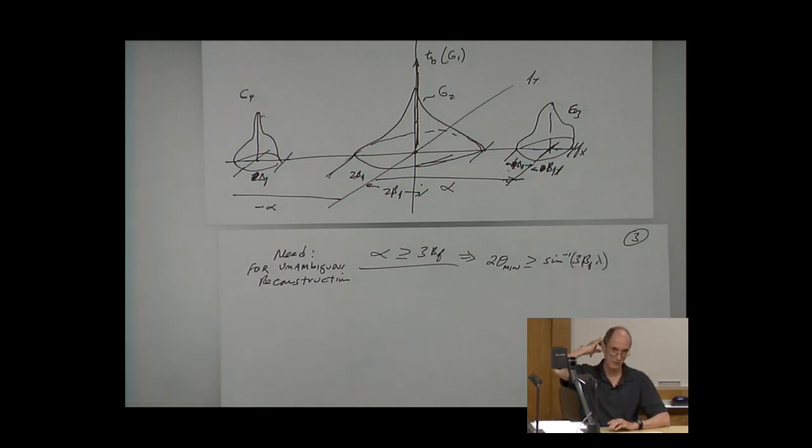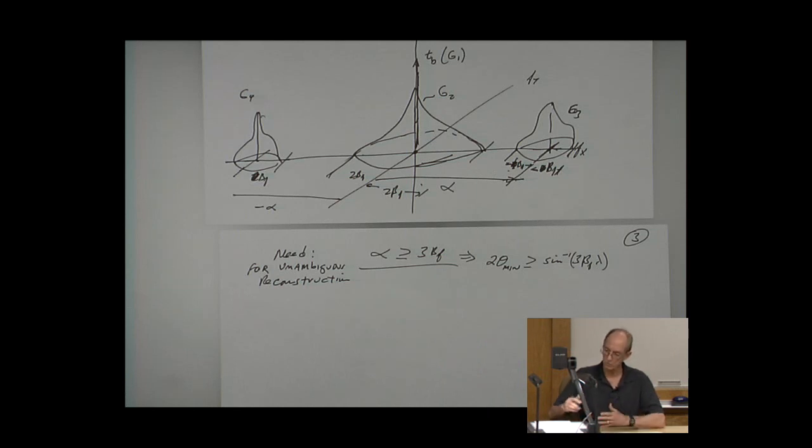And again, BF could be like 1,000 lines per millimeter or 500 lines per millimeter, something like that. Now, having said that, notice that when we do this reconstruction, the zero order, or this autocorrelation function, may not be very strong.